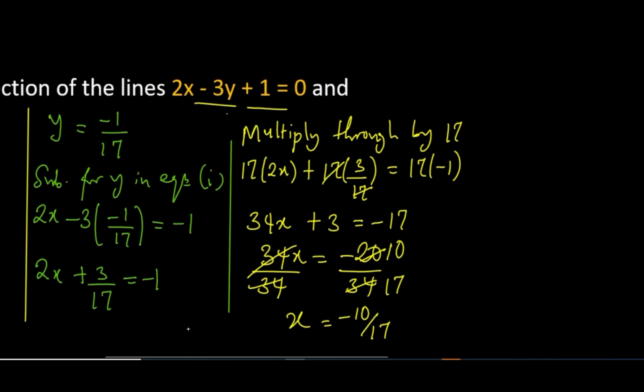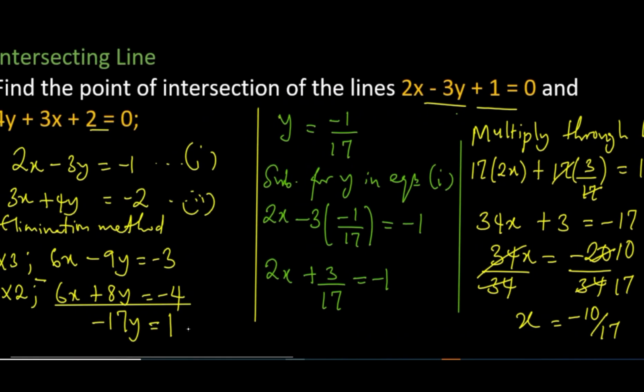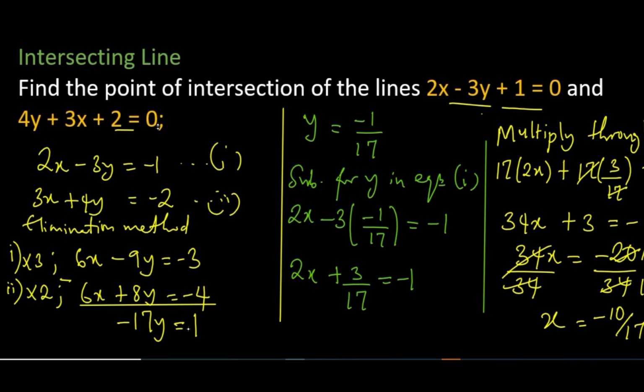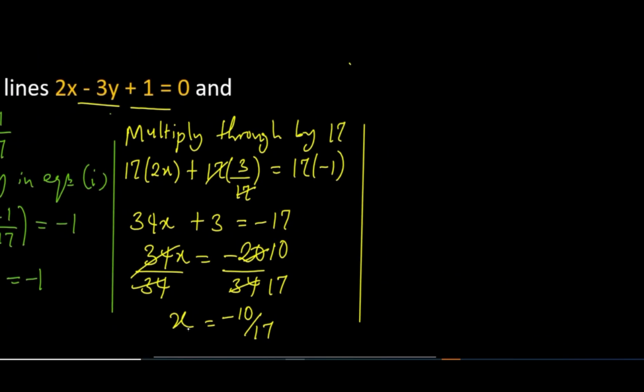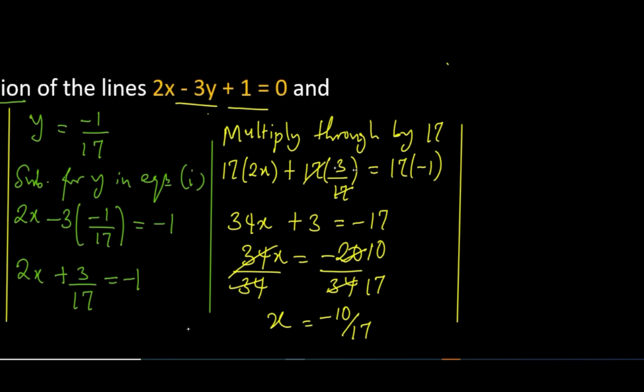So we have gotten the x and y now. So the final answer for this, since we are at the point of intersection, the solution is the x and y coordinates.